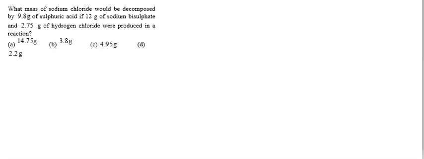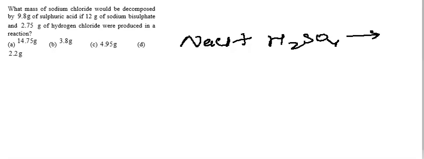So first we will write out the reaction. Sodium chloride is NaCl plus H2SO4, and it gives sodium bisulfate, which is NaHSO4, plus hydrogen chloride, which is HCl.